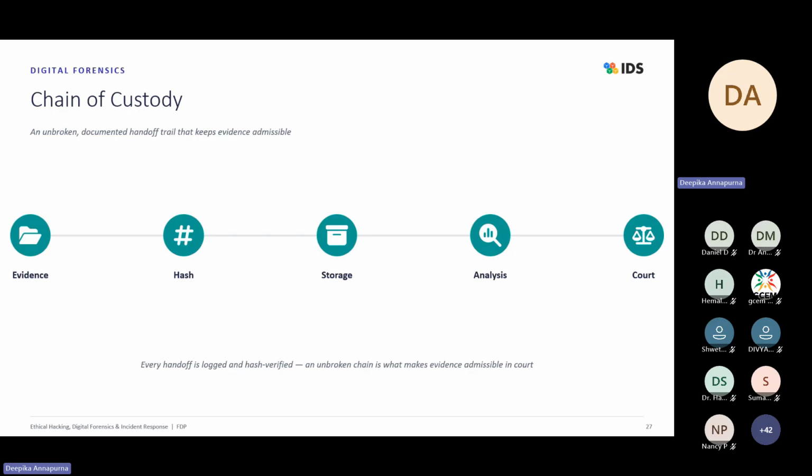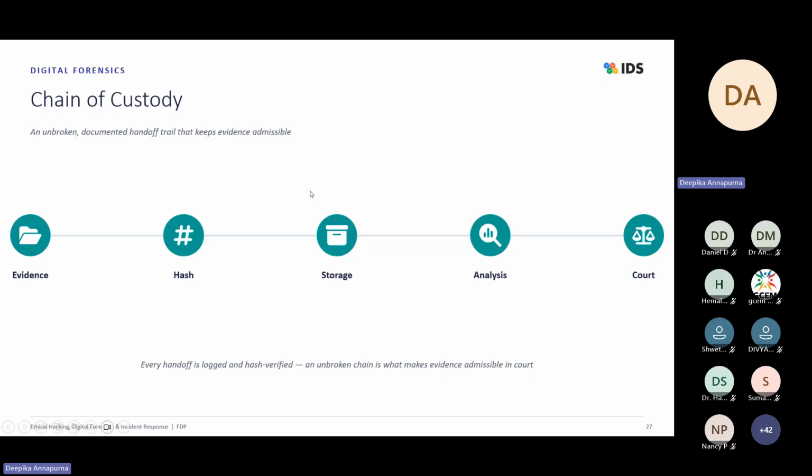What was collected, who collected it, what is the date and time, location, where did we collect the information, where are the storage details, and transfer between the individuals. Every evidence has to be hashed, stored at a particular place using a digital fingerprint, and then will be analyzed and presented to the court.